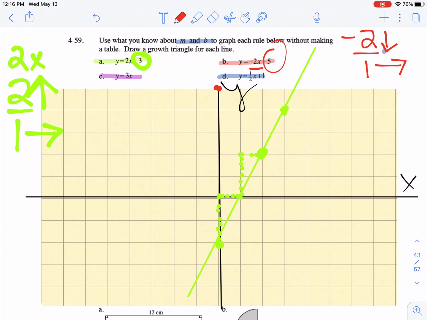So counting, this is down 1, 2, and then right 1. Okay, down 1, 2, right 1.